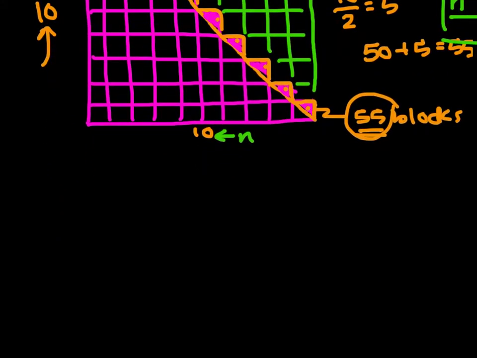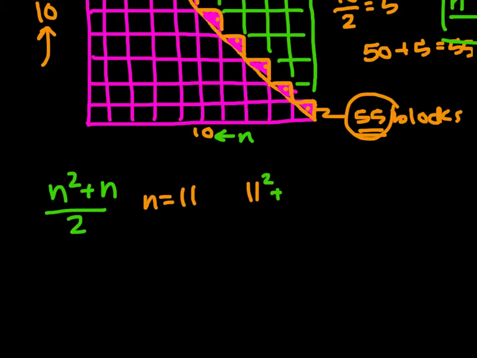So let's rewrite our equation. We have n squared plus n, dividing it by 2. So if n equaled 11, what would we get? We're going to say 11 squared plus 11 divided by 2. 11 squared equals 121.